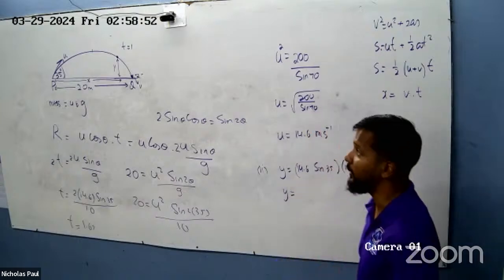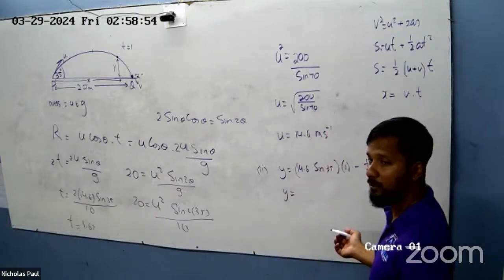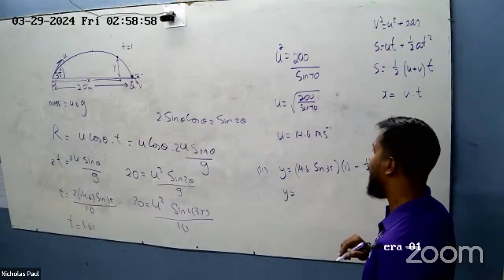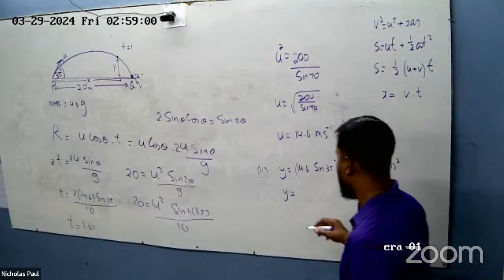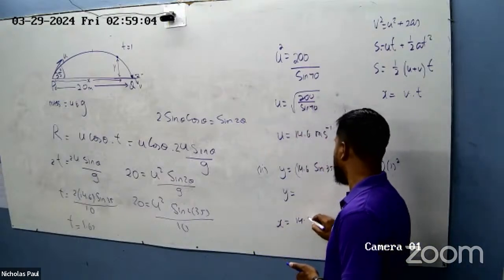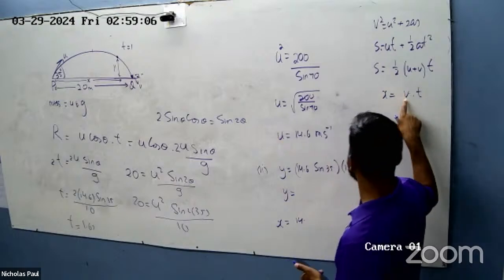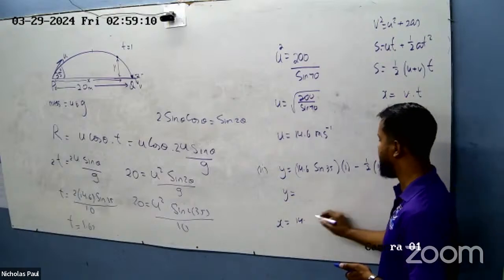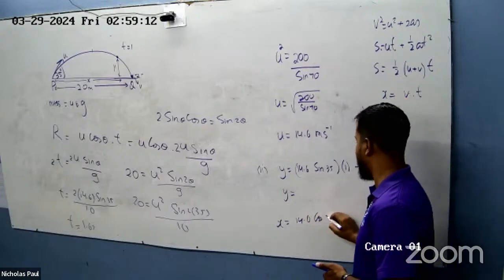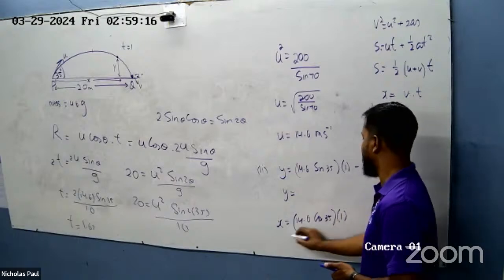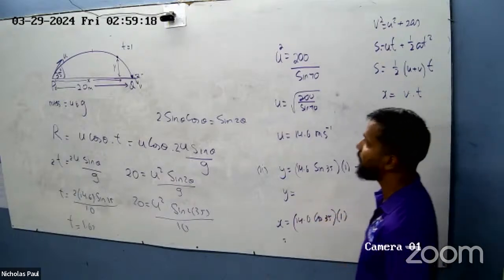All right, I'll get a calculator. And then you get y. Then do the same thing and get x, right? You're using speed. Remember, speed is always the same horizontally. Speed remains the same: 14.6 cos 35 multiplied by 1. That'll be x and y.